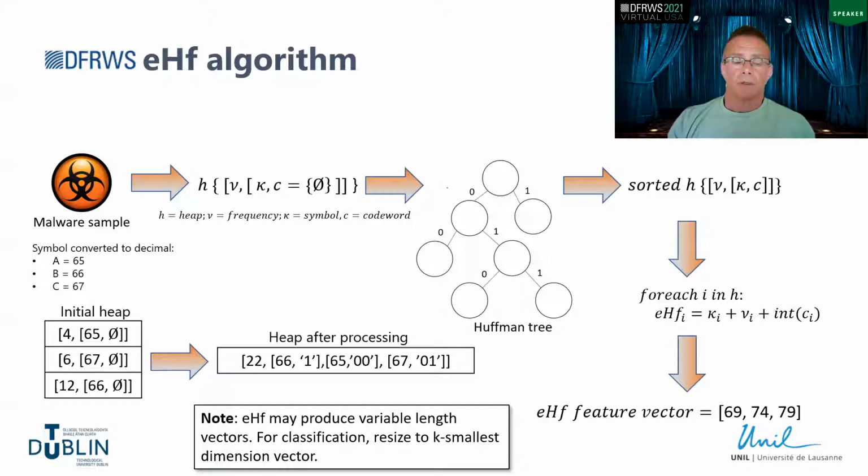I suppose just to note that because we're dealing with variants of binary files, there may be some alphabetic symbols missing or not present in certain files, and so the EHF algorithm may produce variable length vectors. For classification, we need a uniform sized vector, so the dimensions need to be the same.